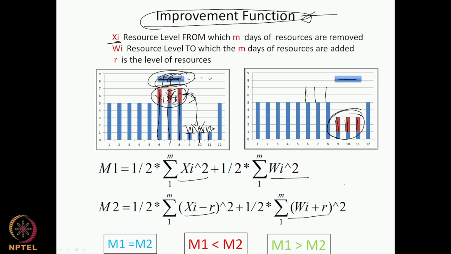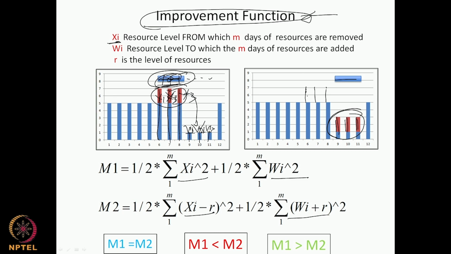Now we have these three options after the shift. Either m1 can be equal to m2, which means there was no benefit, no reduction in the moment by shifting, or m1 is less than m2. That means when I shifted, the moment m2 became greater, so this profile had a greater moment.